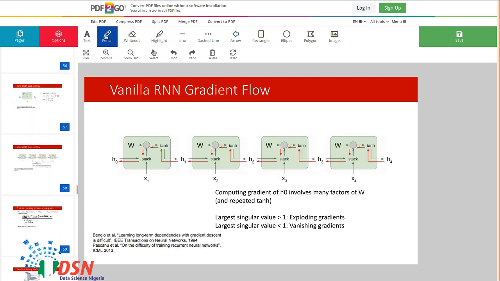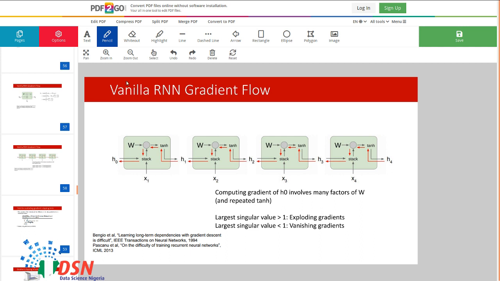When we have different inputs at different time steps, we get this kind of architecture when we unravel the RNN through time.